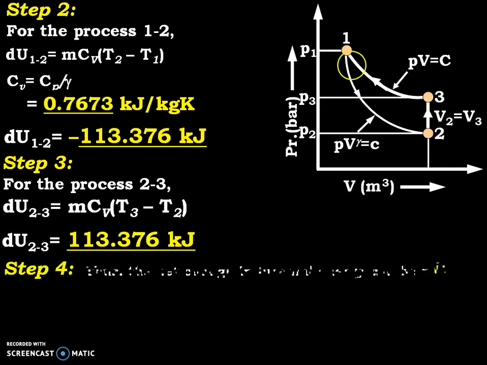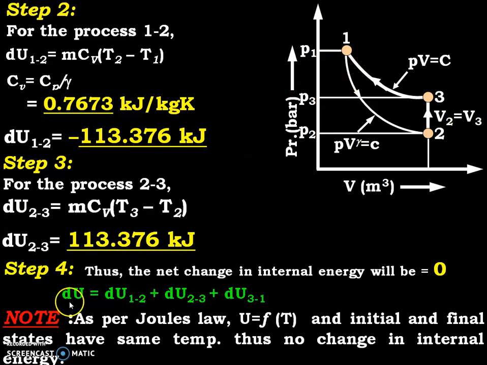Clear? So what is the net delta U? Net delta U equals delta U for 1 to 2 plus delta U for 2 to 3 plus delta U for 3 to 1. But for 3 to 1 it is 0. For 1 to 2 it is minus 113.376 and for 2 to 3 it is 113.376. So net delta U is 0.